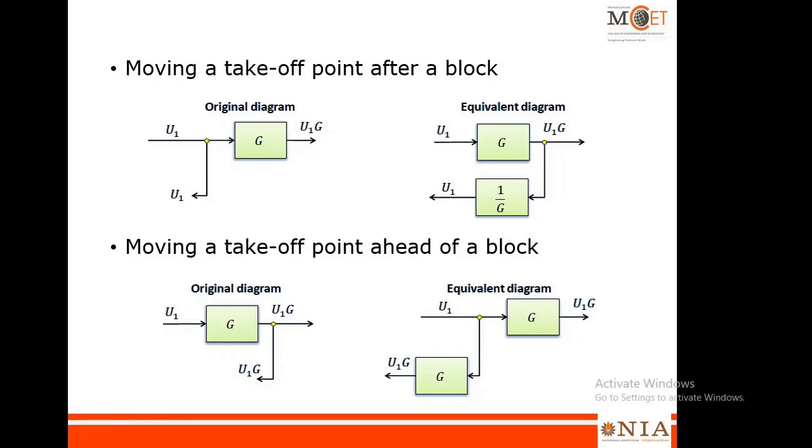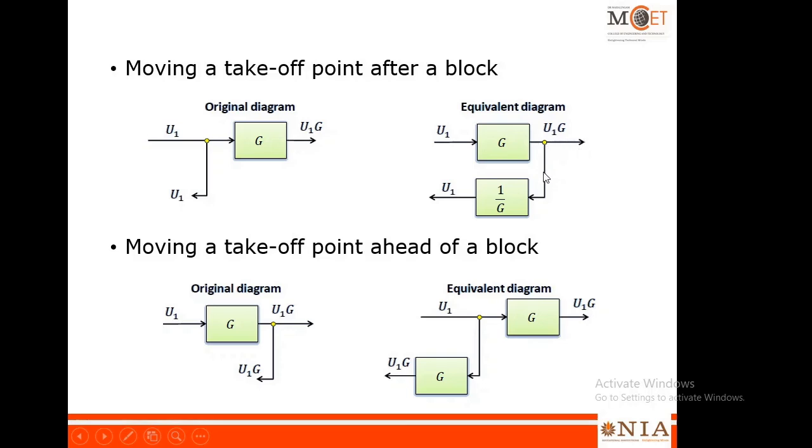In both cases, you can see that the output is maintained the same, u1 into g, u1 into g. The output coming out of this wing is u1 into g. Here also it is u1 into g. Similar is the case here, it is u1 that is getting tapped. So when you multiply it by 1 by g, then only this particular wing's output is maintained at u1, because here you will get u1 into g.